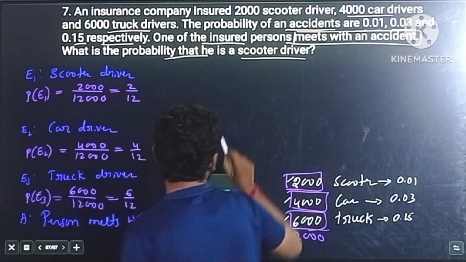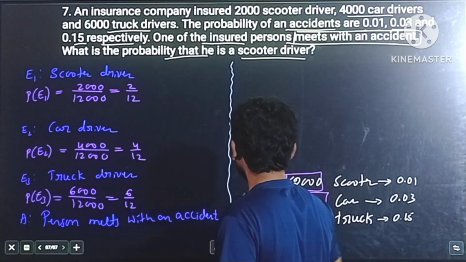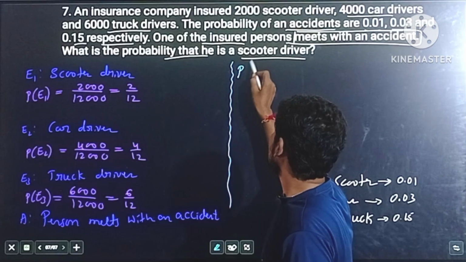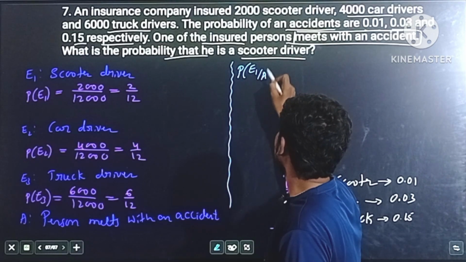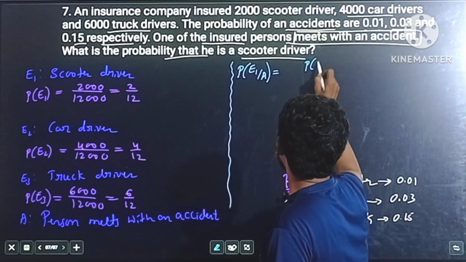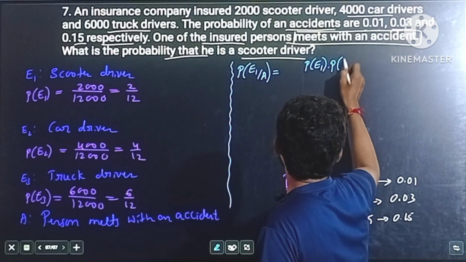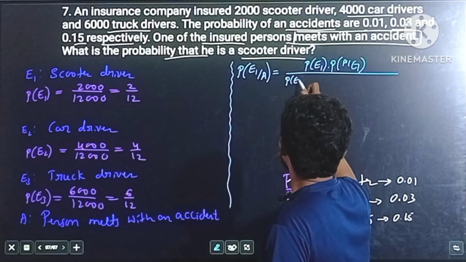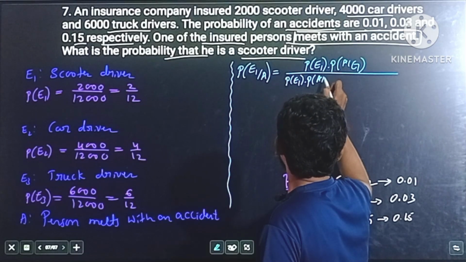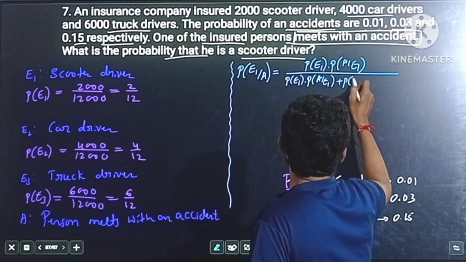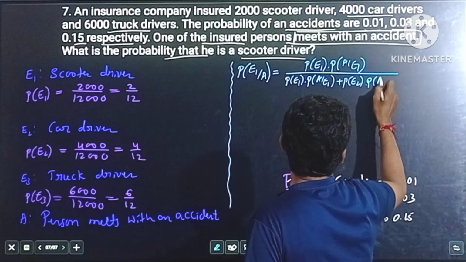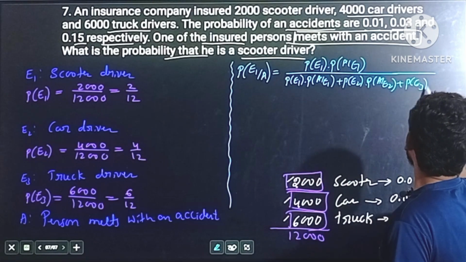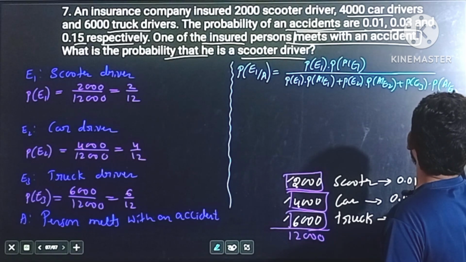And also we need the probability that the person meets with an accident when he is a scooter driver. Scooter driver is the event E1, so we need to calculate the probability of E1 given A. The formula is probability of E1 into probability of A given E1, divided by probability of E1 into probability of A given E1, plus probability of E2 into probability of A given E2, plus probability of E3 into probability of A given E3.